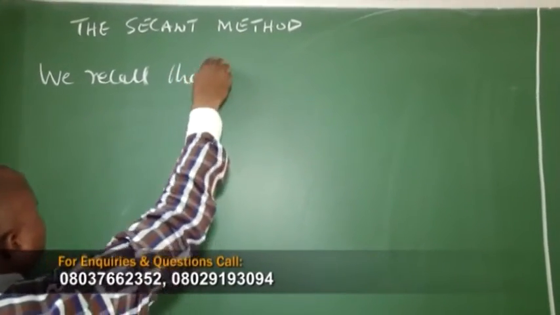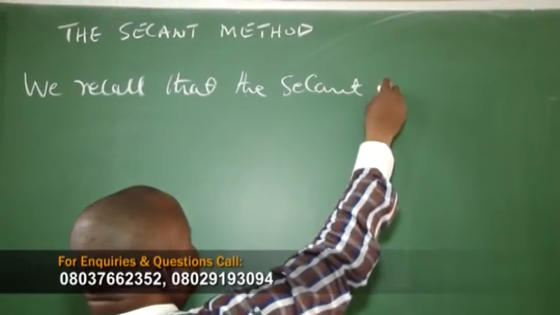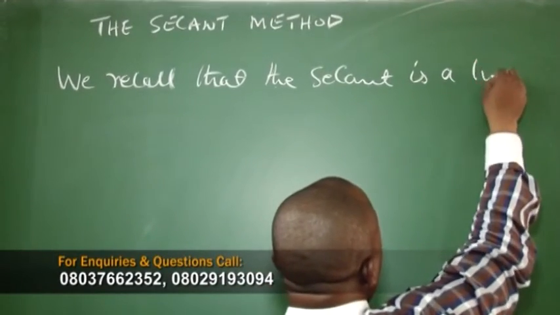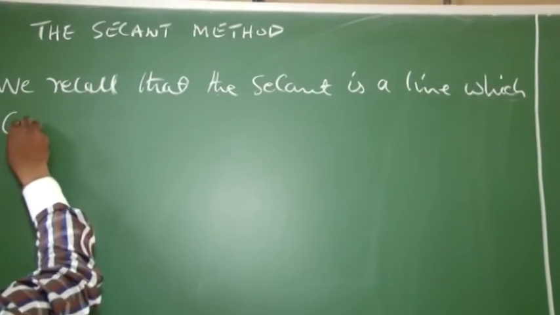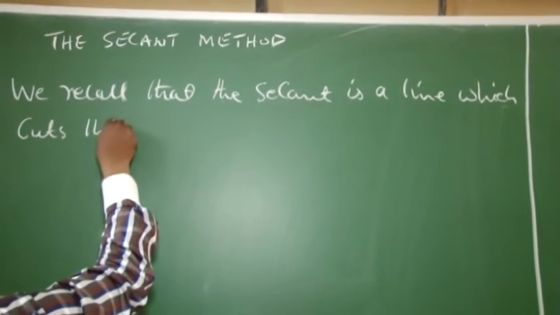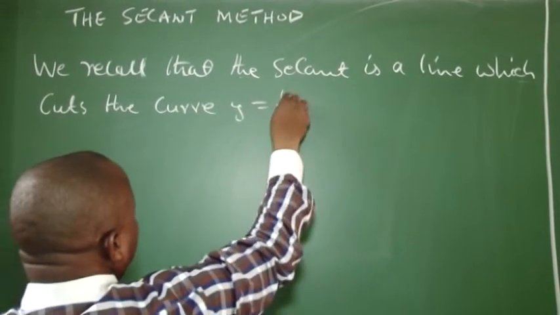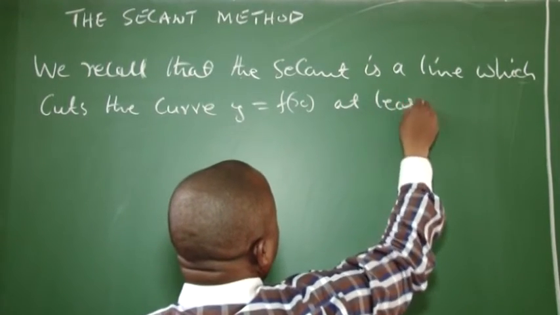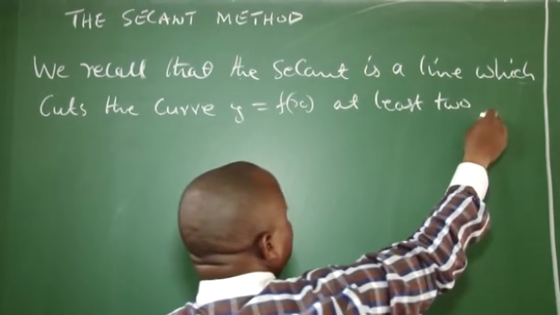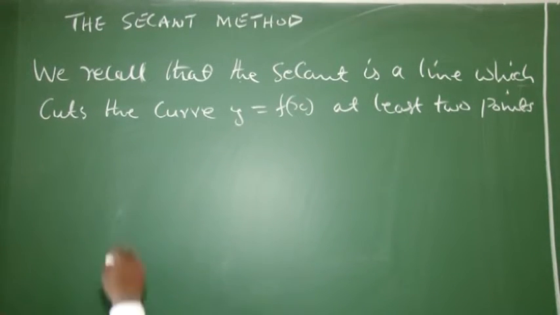To recall, the secant is a line which cuts the curve y equals f of x at least at 2 points. Now let us see the diagram.